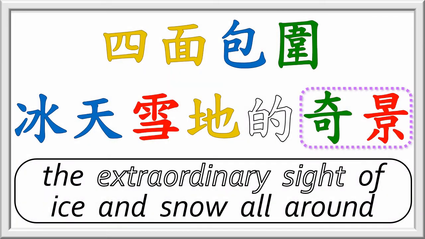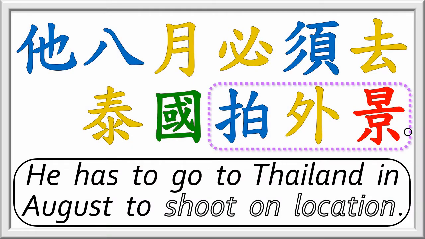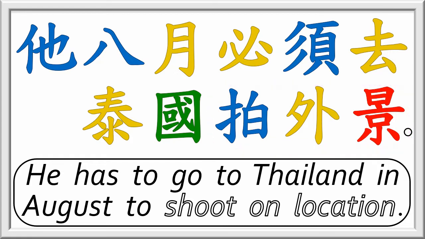From its original meaning of a bright sun high in the sky, it has expanded to include both natural scenery and the settings in a movie, as in the following examples. 四面包围冰天雪地的奇景 The extraordinary sight of ice and snow all around. 他8月必须去泰国拍外景 He has to go to Thailand in August to shoot on location.